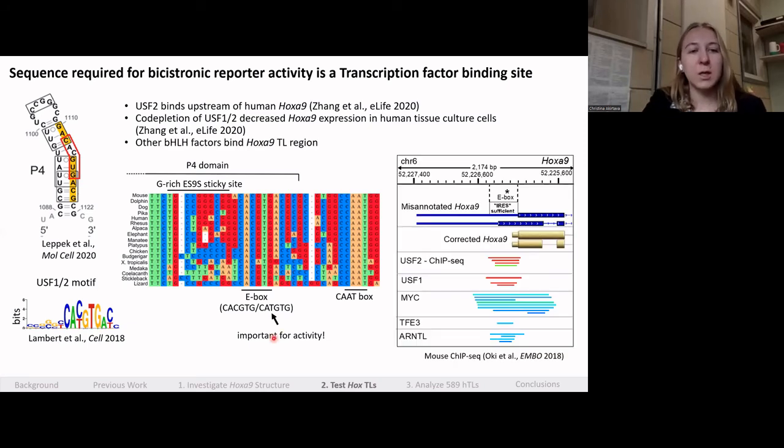So next we looked at public ChIP-seq data to see if other transcription factors bind the HOXA9 region. So we found that USF2, USF1, MYC, and other transcription factors bind exactly where this E-box motif is located in this HOXA9 region. And here the colors just represent different significance of the ChIP-seq peaks.